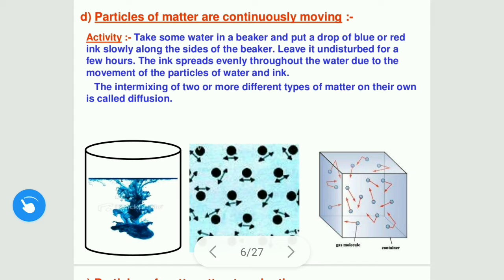After some time, you will observe that there is a mixing of blue ink with water due to movement of the particles of water as well as ink. This phenomenon is also called diffusion. Hence, we prove that particles of matter are continuously moving.